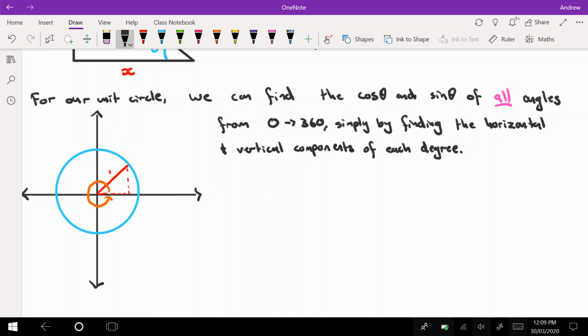So for each value of theta, I can find a horizontal and a vertical component. We are always trying to find the angle, always working with the angle made with the horizontal line.